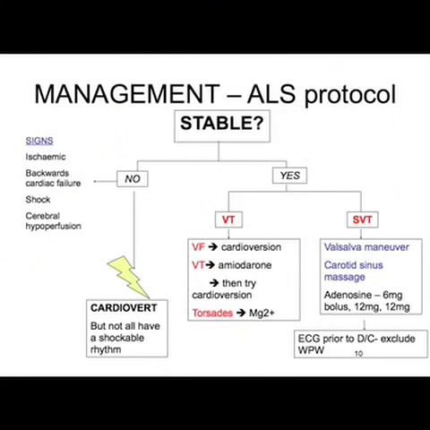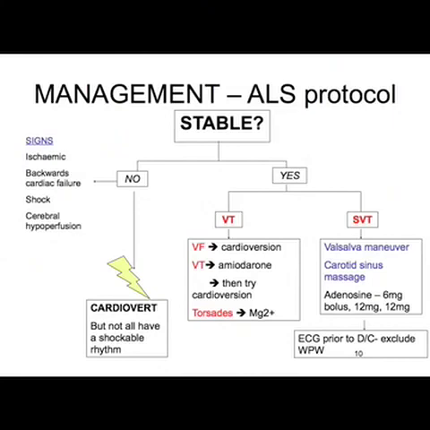So finally, let's talk about the basic management of the broad complex tachycardias, particularly VT and torsades. VF is obviously treated with electrical cardioversion and will not be considered here. If a patient is stable and in VT, then you convert using amiodarone.